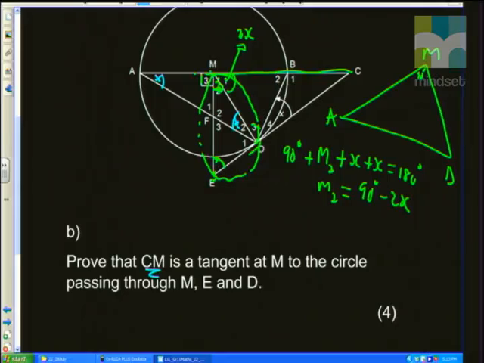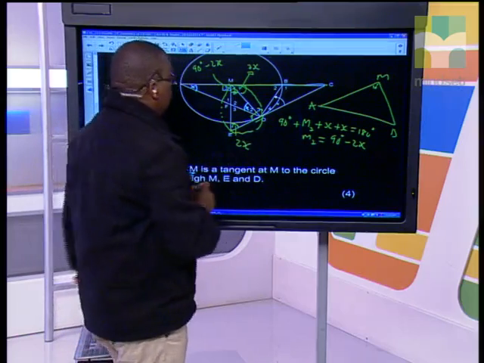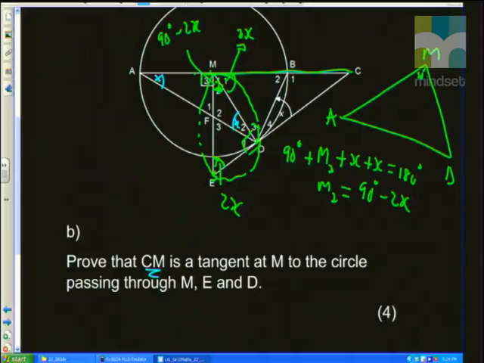EDC is a tangent. So in other words, we have a 90 degrees there, all right? So there is 90 degrees. There is also here, this is your 90 degrees minus 2X, right? So now if you take that 90 degrees minus 2X plus the 90 plus this angle equals 180 degrees, so that's sum of angles of a triangle, then we get 2X here, right? So that will be 2X equals that outside angle.